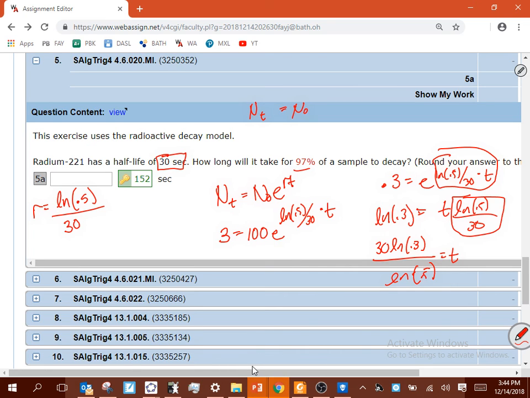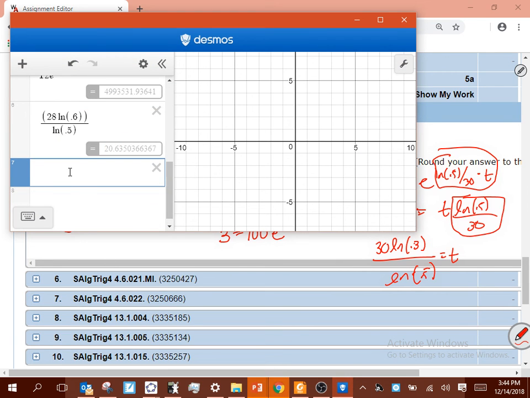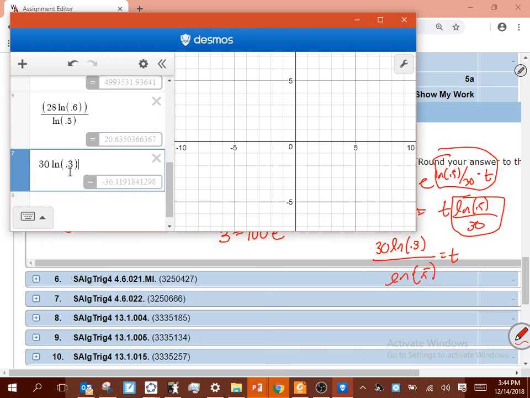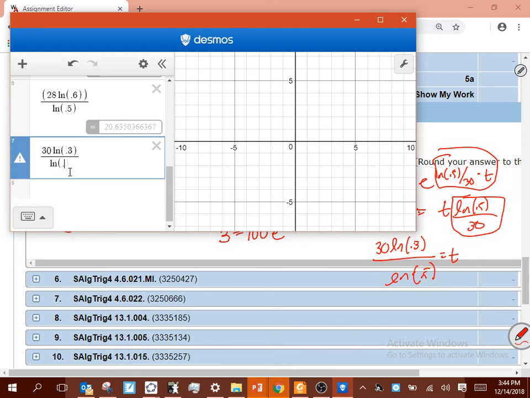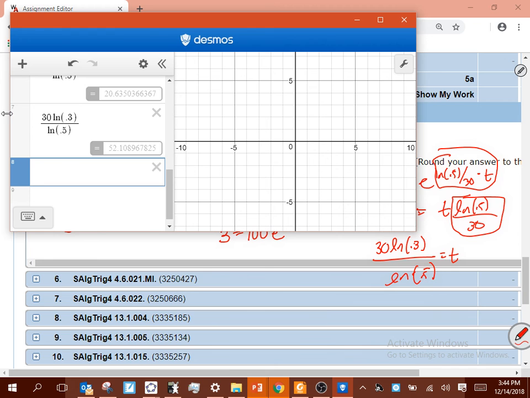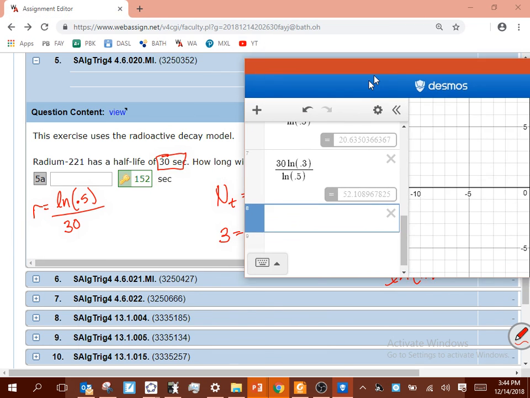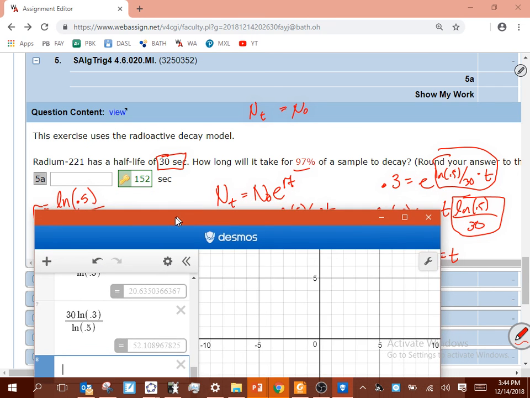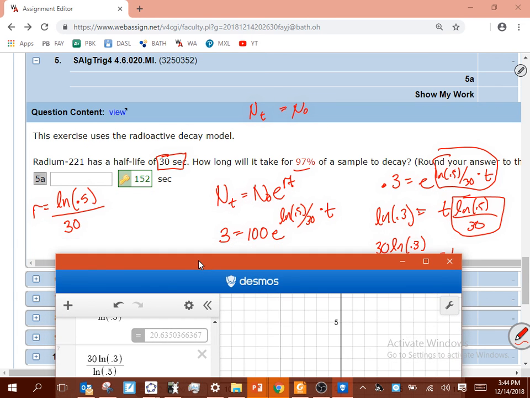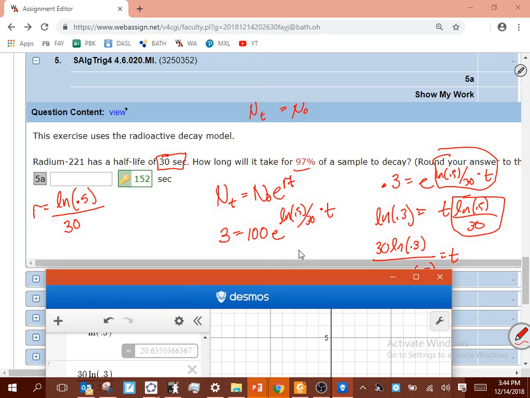So let's see what that time is. It should be 152. So when I get 30 ln of 0.3 divided by ln of 0.5, what did I do? Did something wrong? Oh, my apologies.